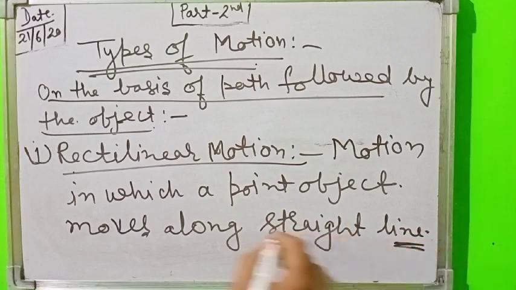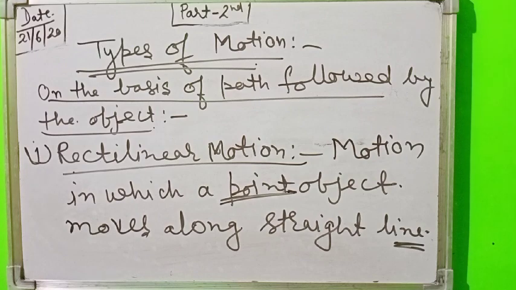Here I have mentioned a point object. I will define point object and extended object just after this discussion. Motion in which a point object, or a particle, you can say, moves along a straight line, such type of motion is called rectilinear motion.